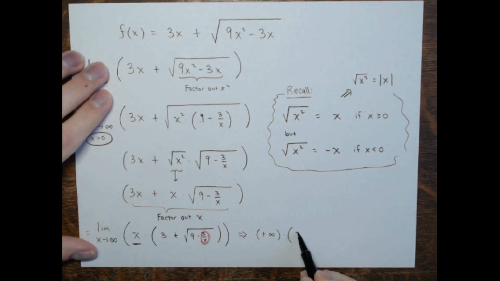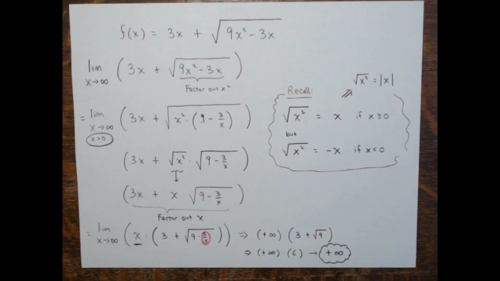So this other factor is approaching 3 plus the square root of 9. The square root of 9 is 3, so this other factor is approaching 6. So we have a first factor approaching positive infinity, and a second factor approaching positive 6. If you take a positive large number and multiply it by a positive, it is still positive and large. So our limit is positive infinity.